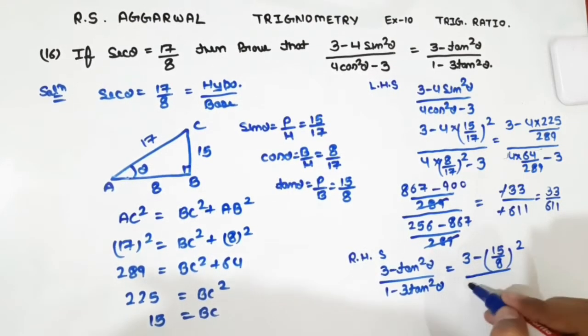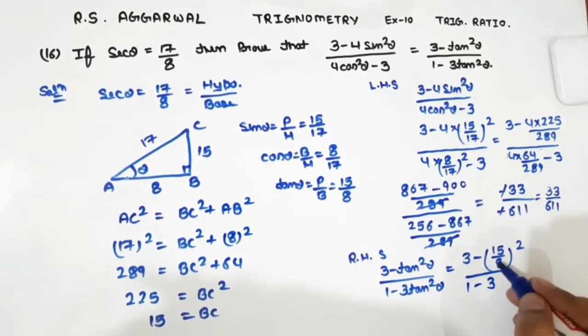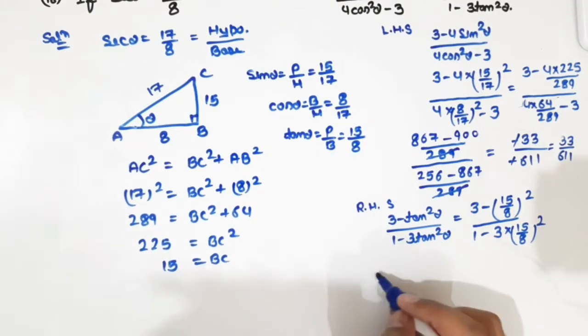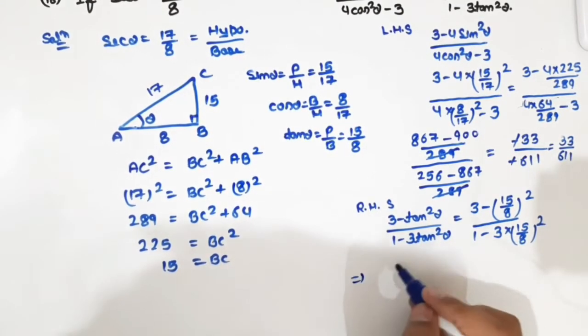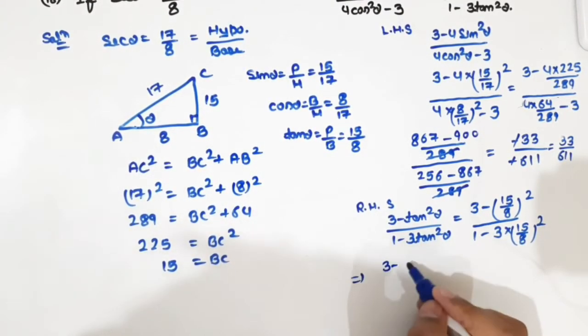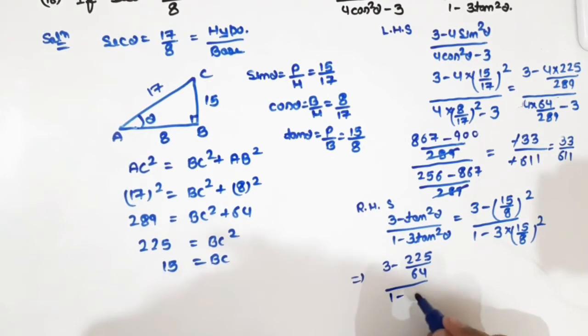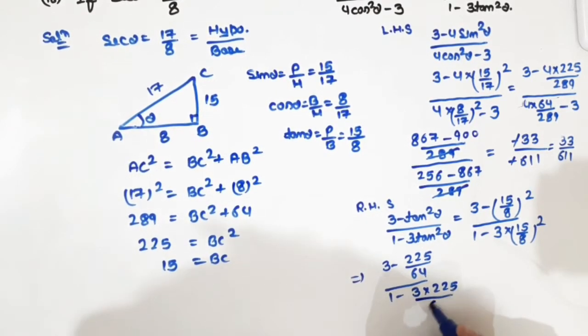So that will be equal to 3 minus 225 upon 64, upon 1 minus 3 into 225 upon 64.